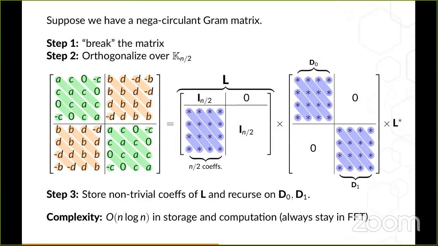Well, when you orthogonalize, I would say that it has nothing to do with the FFT. You're just doing LDL over rings. The part where it's related to the FFT is rather when you do the splitting operation.